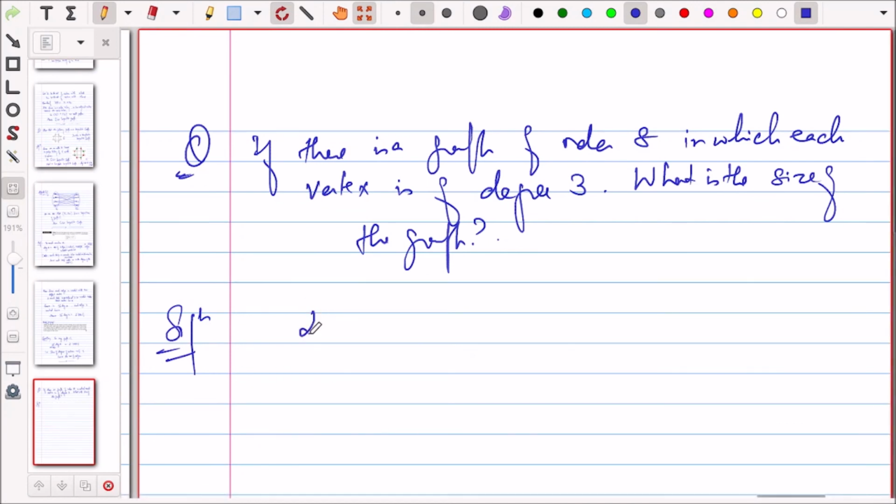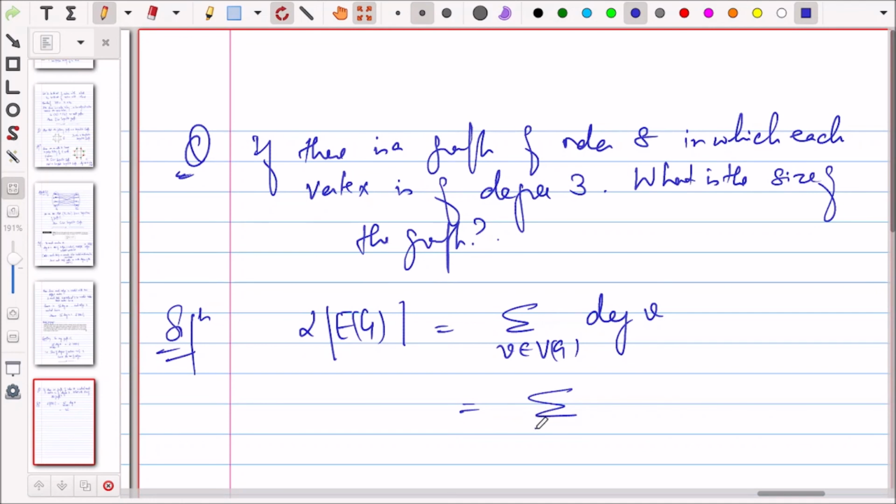You know that twice the number of EG is equal to summation V belonging to VG degree V. So this is because there are 8 vertices, right? So V belonging to VG, ये 3 हो जाएगा, हर एक का डिग्री 3 है.